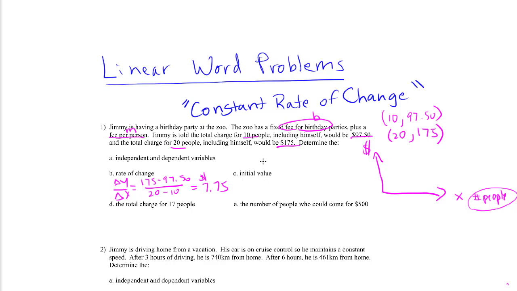So y equals mx plus b. y equals 7.75x plus b. We know the points. Let's put in 20 and 175.